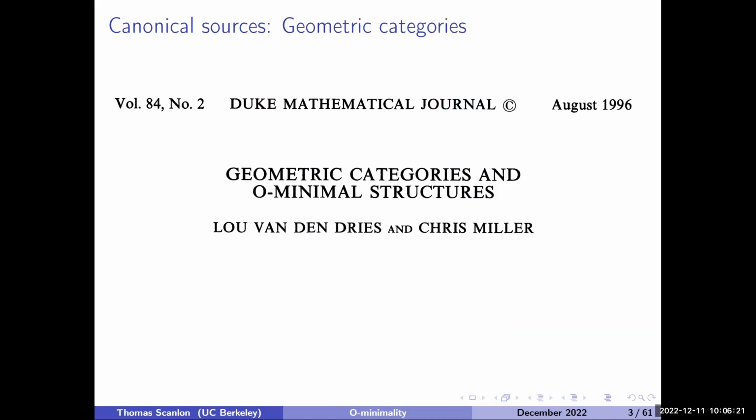The other canonical reference, and I say canonical because according to MathSciNet it has something like 350 citations, takes the point of view that O-minimality should be thought of in the same light as synthetic analysis. They've done everything they can to hide logic.